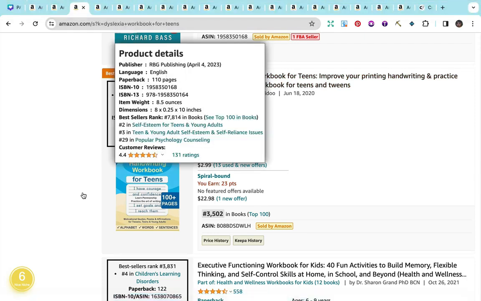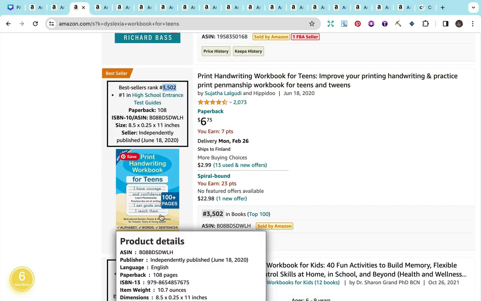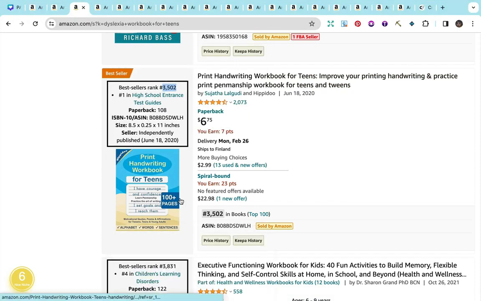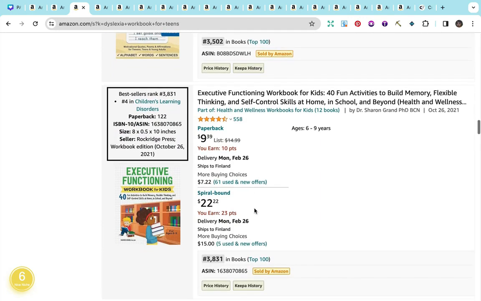because one of the challenges for teenagers with dyslexia is their handwriting, and getting their handwriting practice in check would be quite helpful for them. So that's why they've included that and got their book on the first page for this keyword.